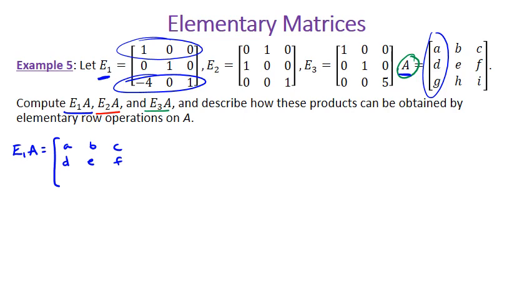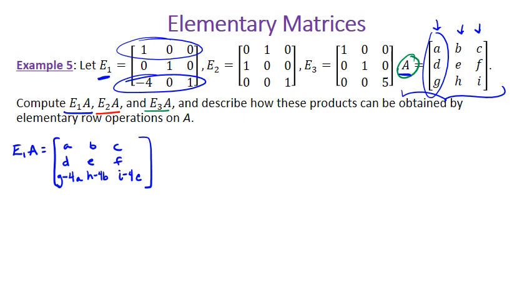I take this last row times each of these columns. And when I do, I end up with G minus 4 times A, H minus 4 times B, and I minus 4 times C. So here is my resulting matrix, and I want to compare this to matrix A.